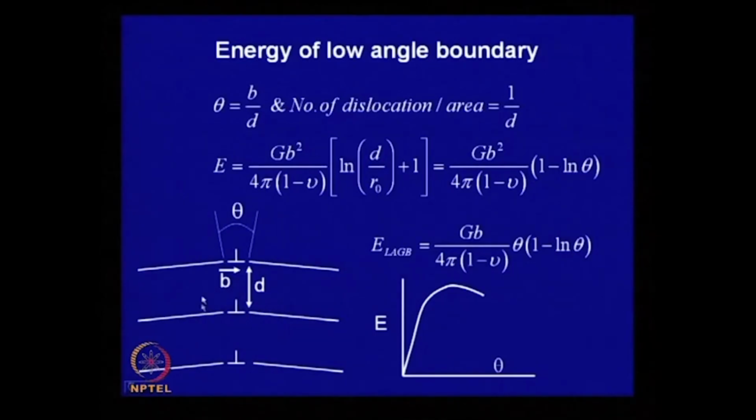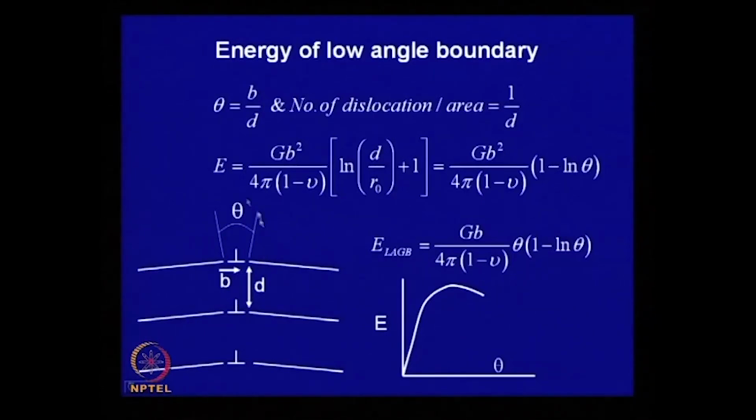And what will be the size? The dimension will be the distance between the two dislocations, this distance d over here. You take d by 2 here, d by 2 here. Imagine that perpendicular to the plane is the boundary.